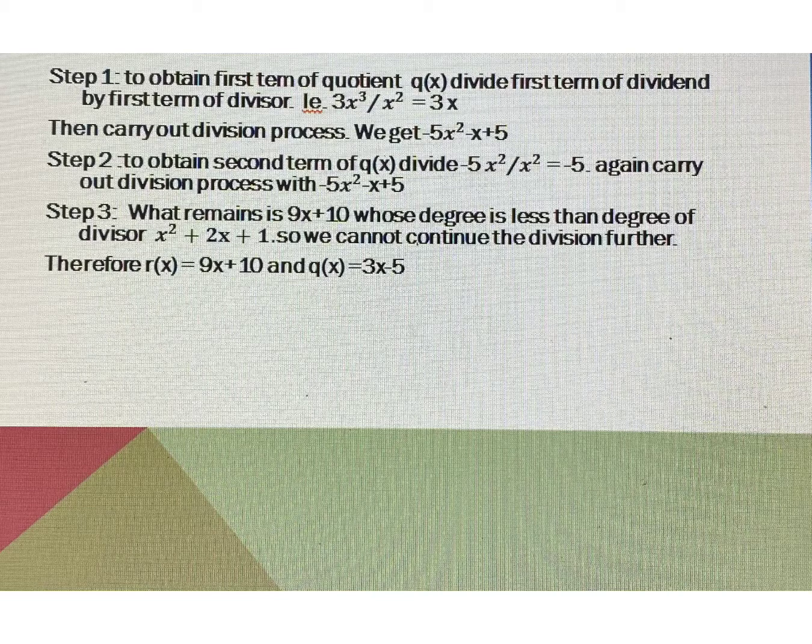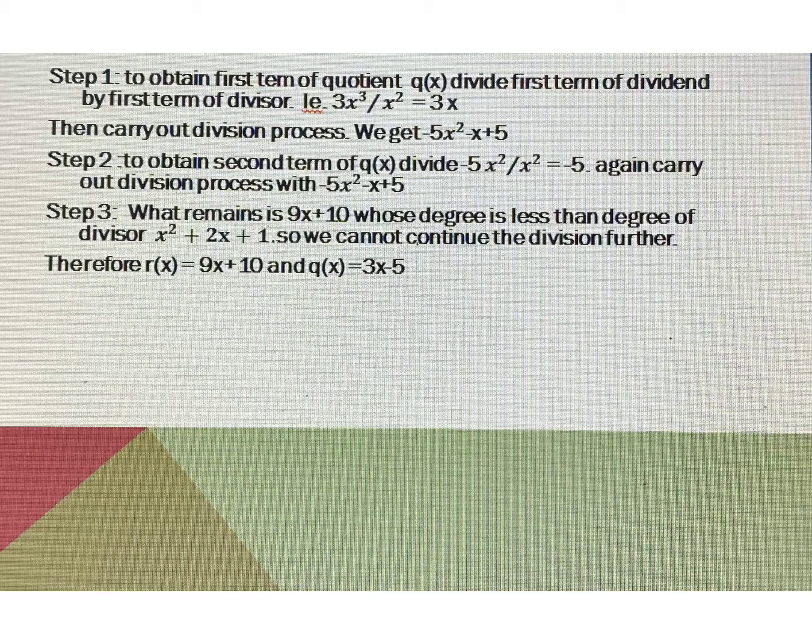Now the next step is to obtain the second term of the quotient q of x. For this, divide minus 5x square, which we got in the last step, by x square. We will get minus 5, and again we have to carry out the division process with minus 5x square minus x plus 5. Now the third step is we will get 9x plus 10.